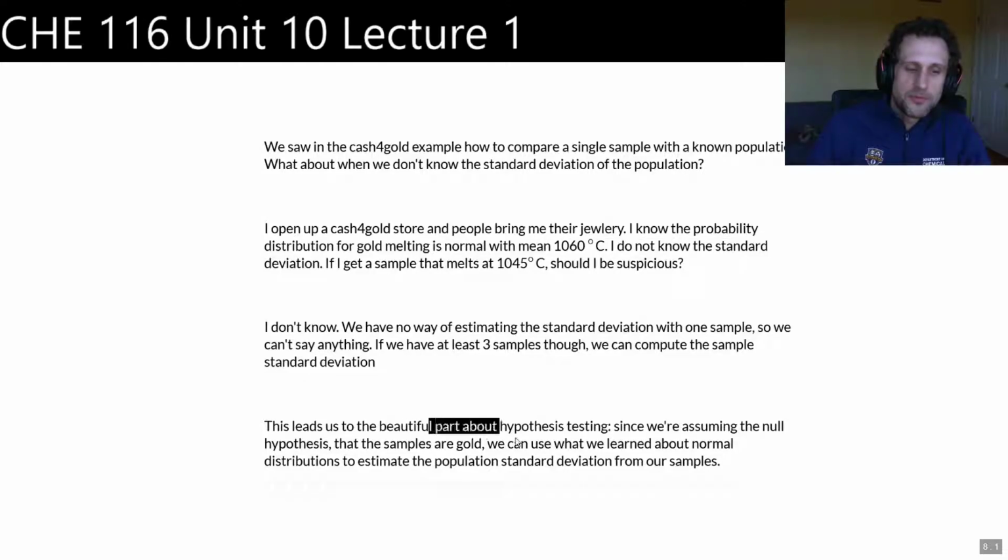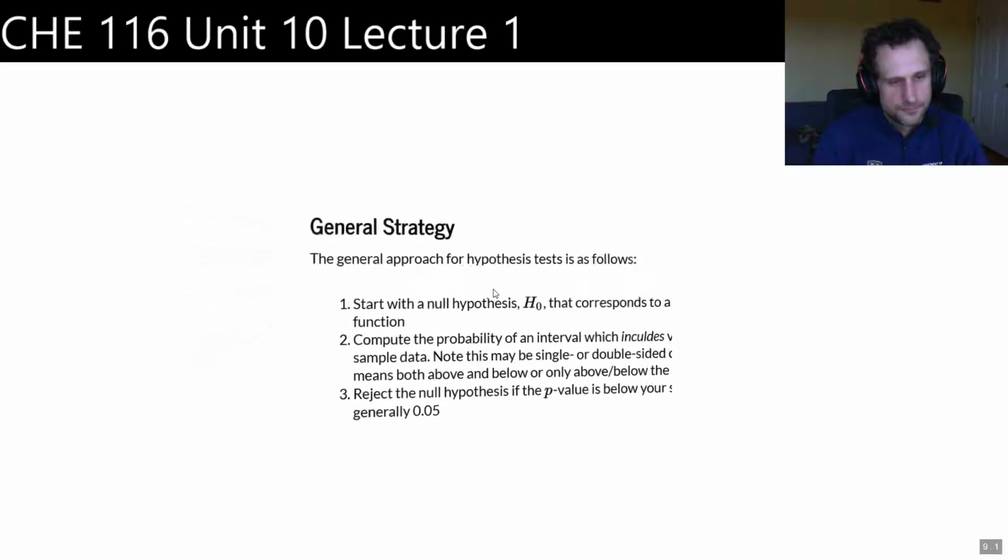Well, remember, I'm assuming the null hypothesis. So I'm assuming that these are gold, so I can estimate the population standard deviation of gold using these samples. It's a cool thing about the null hypothesis. By accepting the null hypothesis, I can use my samples as ways to estimate the parameters for my population distribution.